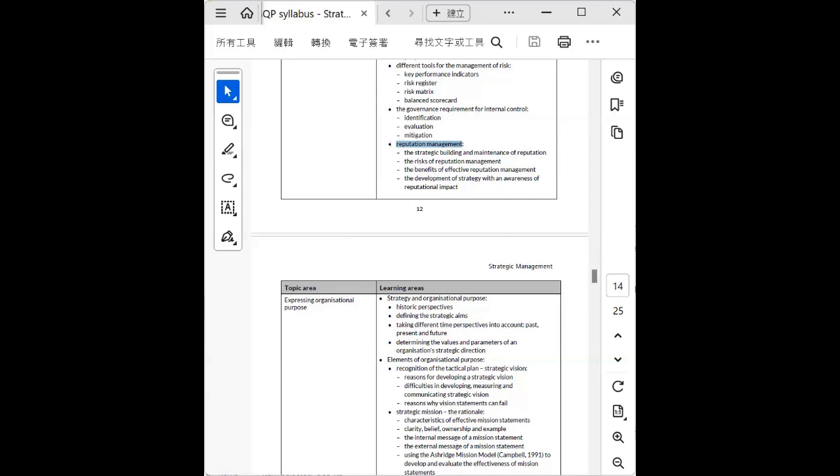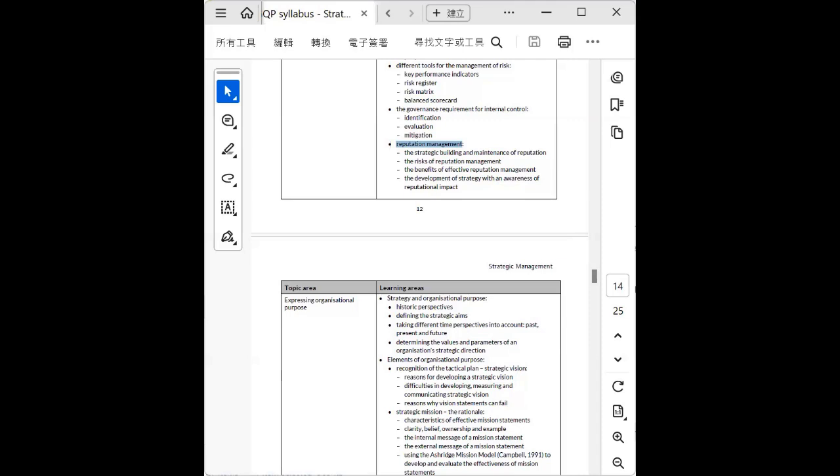So it's about strategic building and maintenance of reputations, the risks of reputation management, the benefits of effective reputational management, which highlights the advantage of strong reputations in enhancing the organizational success. And finally, it's the development of the strategy with an awareness of the reputational impact.